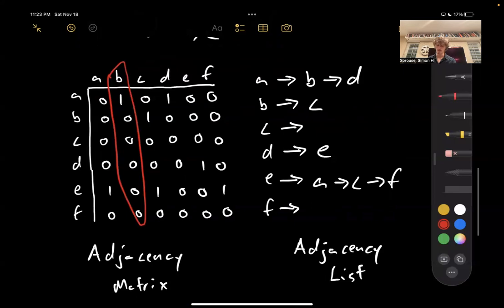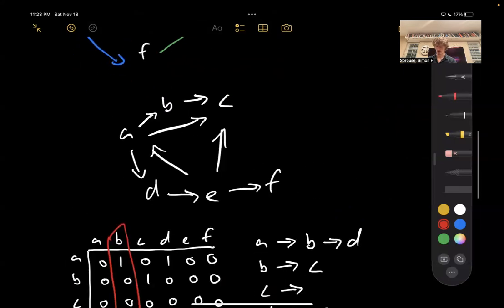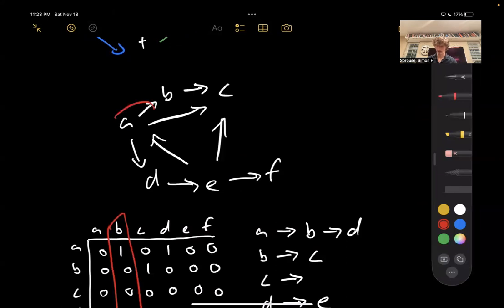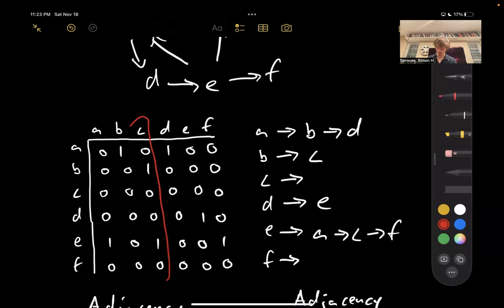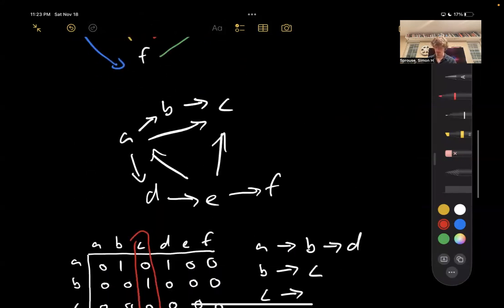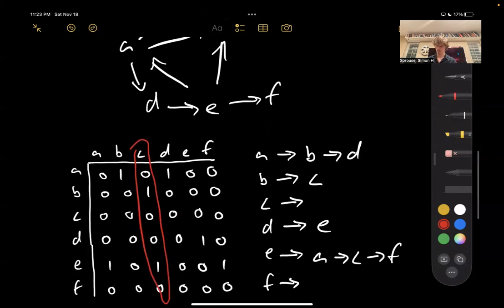So this says B can be reached by A and nothing else, which in our graph seems to be the case. Or let's take another example. Let's look at C. According to this, C can be reached by B and E. Seems legit. Yeah, just thought I'd point that out.